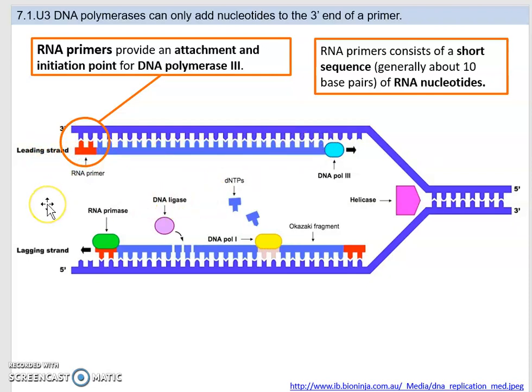So what we need to add here is the idea that DNA helicase is going to unzip the molecule. You will read also about another molecule called DNA gyrase, which I'll come back to in the summary. But DNA helicase unzips it. Then we've got RNA primase attaching an RNA primer to one of these exposed parental strands.